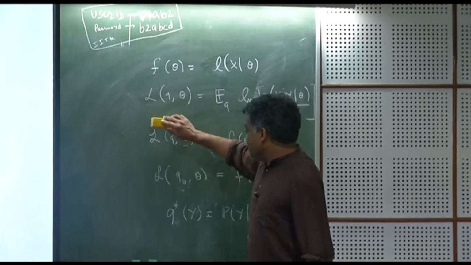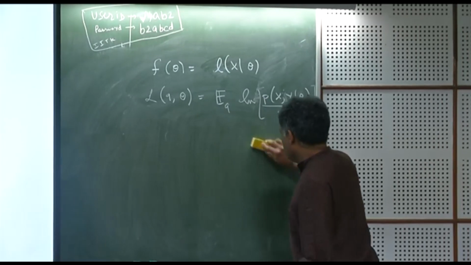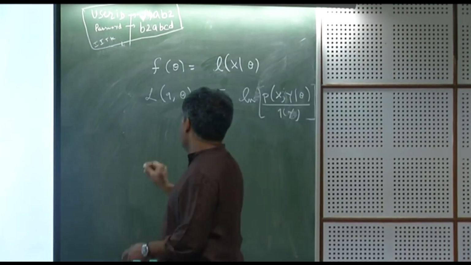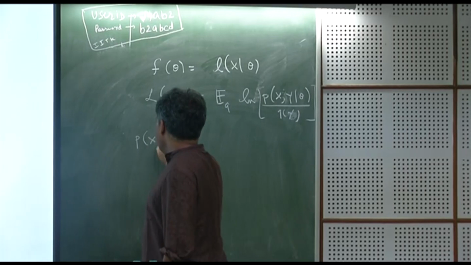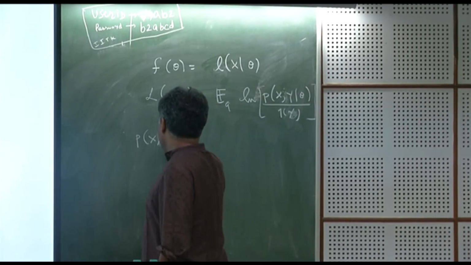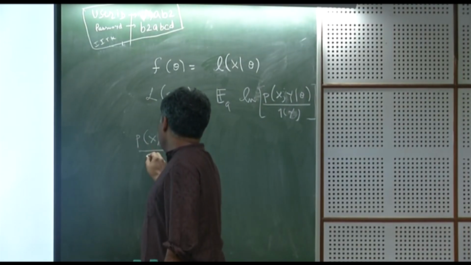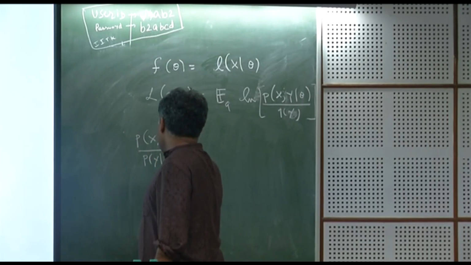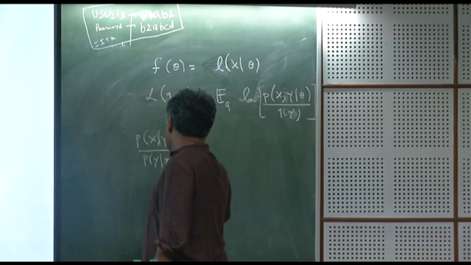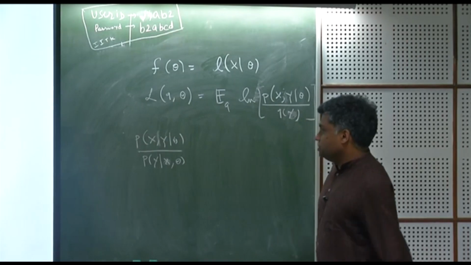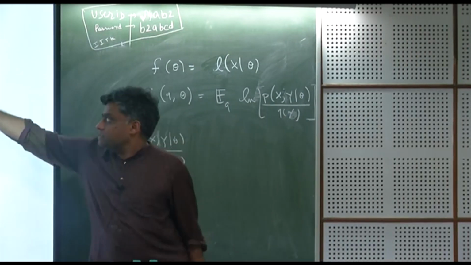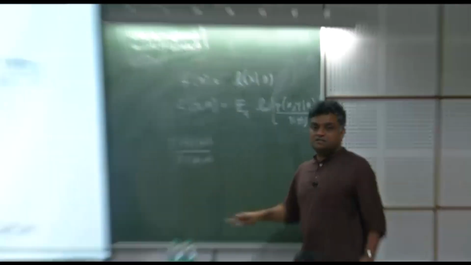If I plug that value in, if I look at p of x, y given theta and divide by p of y given x, theta. This is the numerator over there. This is the denominator that I'm guessing is the right answer.